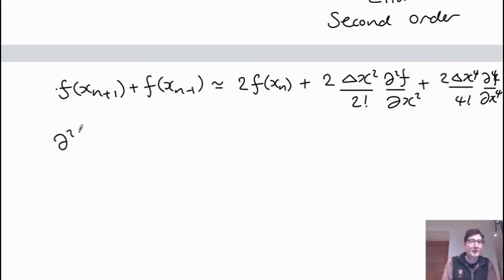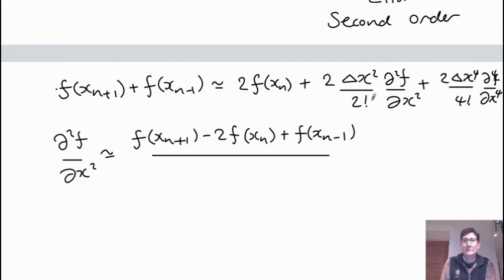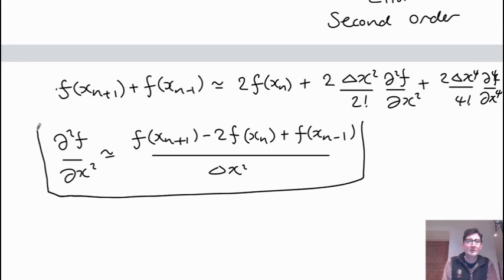So we have d2f by dx squared is approximately, now we have f xn plus 1 minus 2f xn plus f xn minus 1, and just divide through by delta x squared here. That's the second derivative, central differencing.